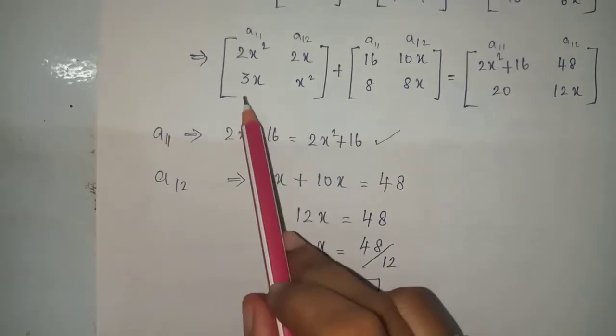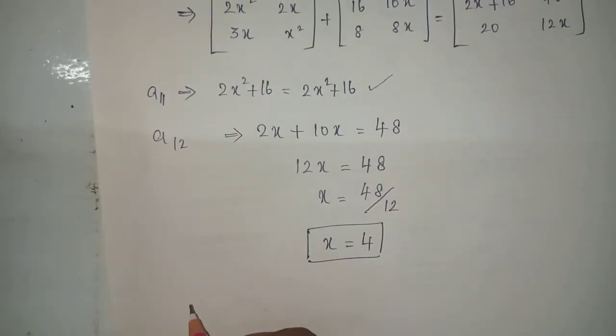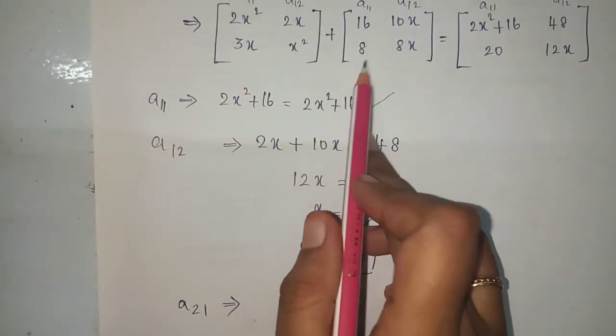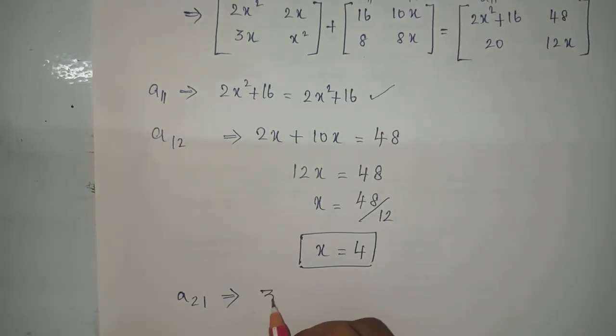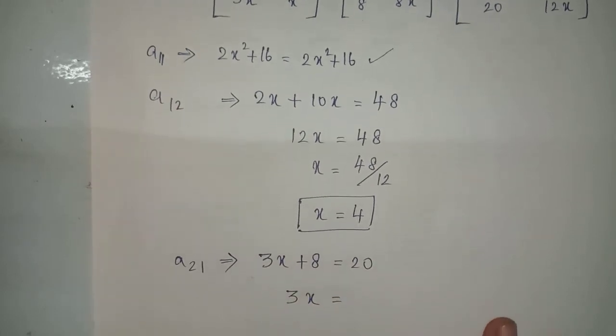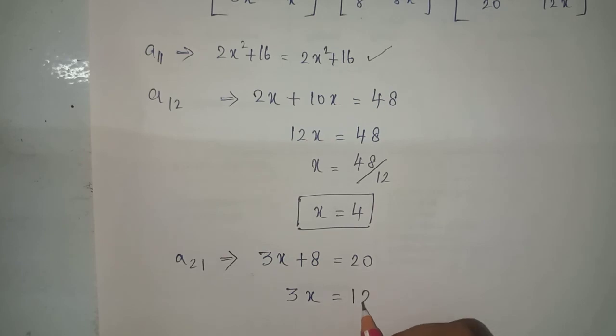So next we are taking the position of A21. So A21 implies 3x plus 8 is equal to 20. So 3x is equal to 20 minus 8. So 20 minus 8 is 12.